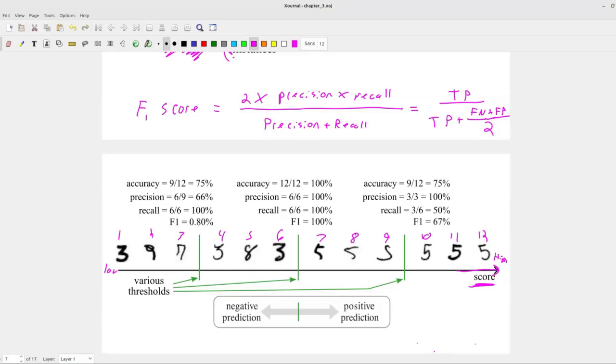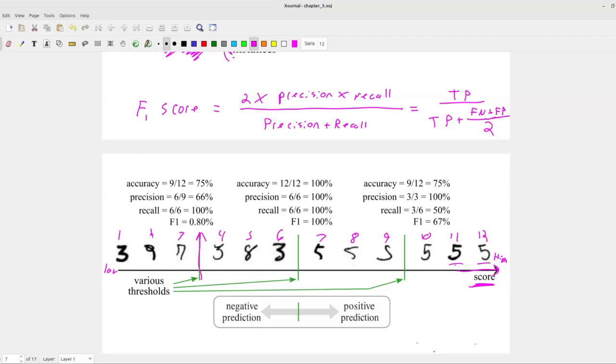So again, if we think back to the definitions, accuracy is our true positive plus our true negative over everything. And so if we put our threshold here at about 3.5, we get an accuracy of 75%, which doesn't sound so bad because we have 9 true positives.